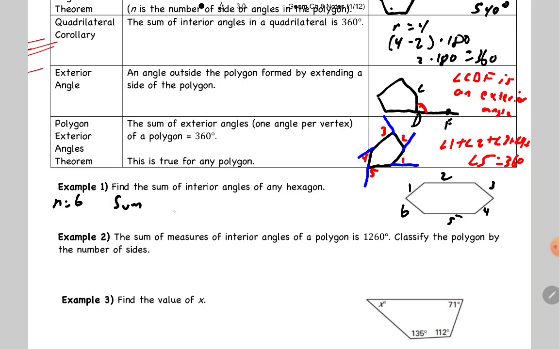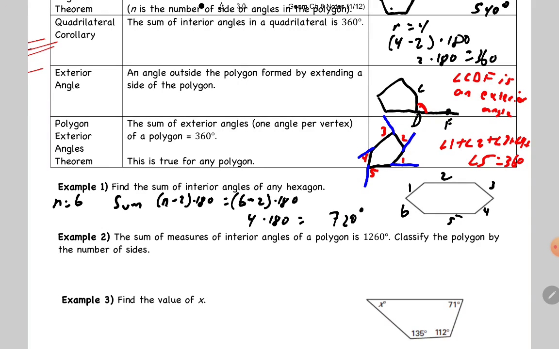Let's remember our formula, n minus 2 times 180. So this is going to equal 6 minus 2 times 180, which is 4 times 180, which is 720 degrees.